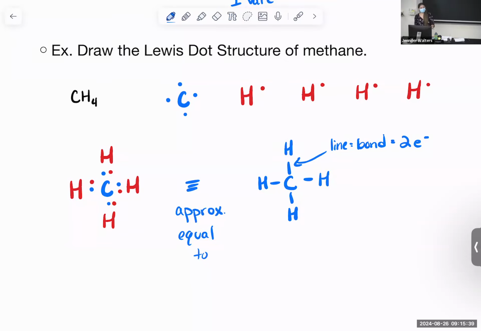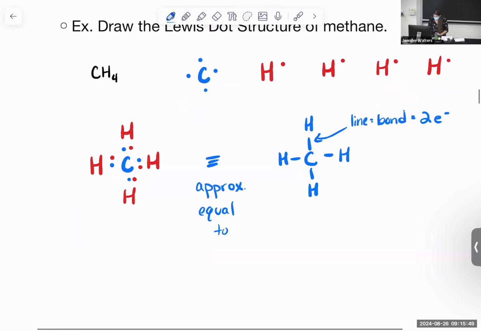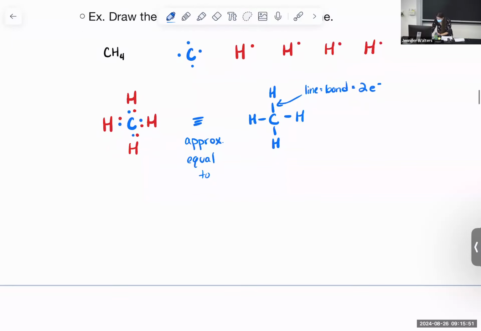This way will get you there probably 80% of the time if you start from the Lewis dot structures. It's usually best to start from the valence electrons, and I'll do it quickly. If you had carbon and hydrogen, you first want to count the total number of valence electrons.